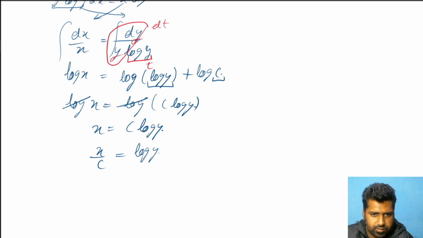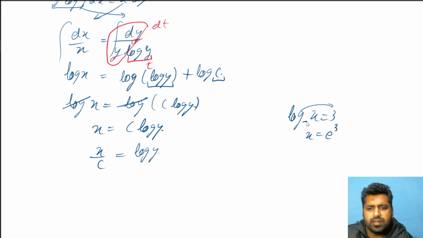Say log x is equal to 3, so x is basically e raised to power 3. If nothing is written, base is actually e. Same thing, if we take log to the other side, it will become e raised to power x by c is equal to y.